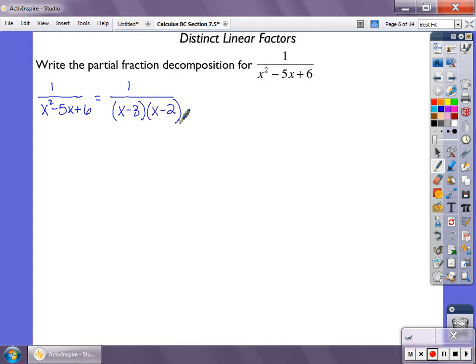Now to do a partial fraction decomposition, I see two linear terms here, x minus 3 and x minus 2. And so we will have A over x minus 3 plus B over x minus 2.